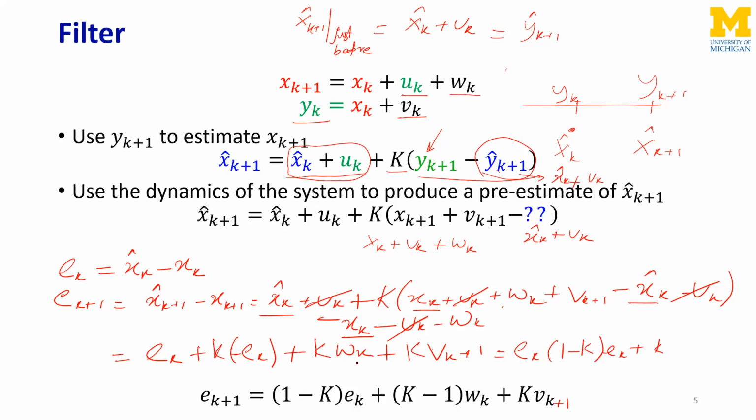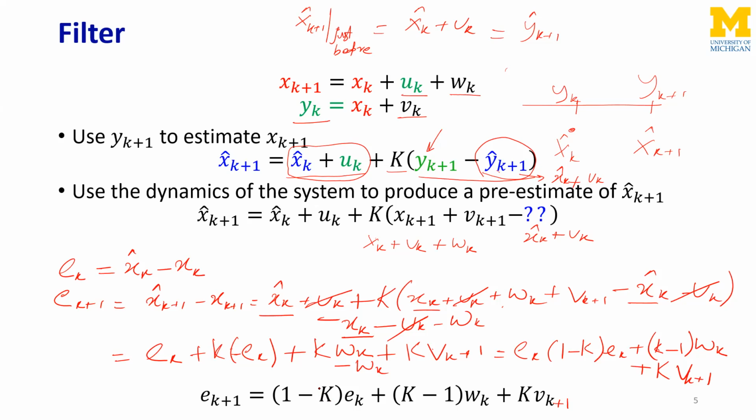Oh, there it is. So we have a minus wk. So many mistakes. I was supposed to get the black expression, but I realized that I made a mistake here. But anyways, the error dynamics is given by this equation.